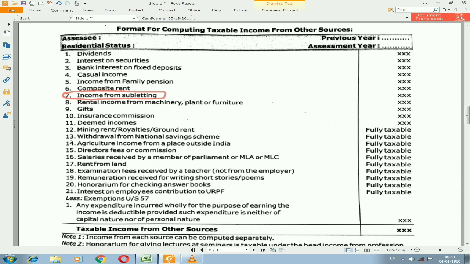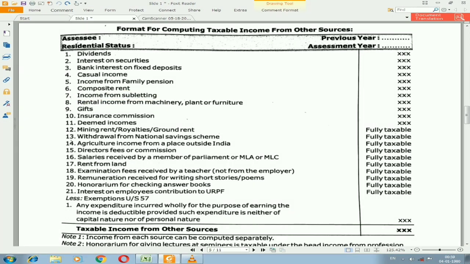That income will be calculated under other sources. Also, all the expenditures related to that sublet portion will be deducted from the income. Remember, we are supposed to take only the expenditure related to that portion.